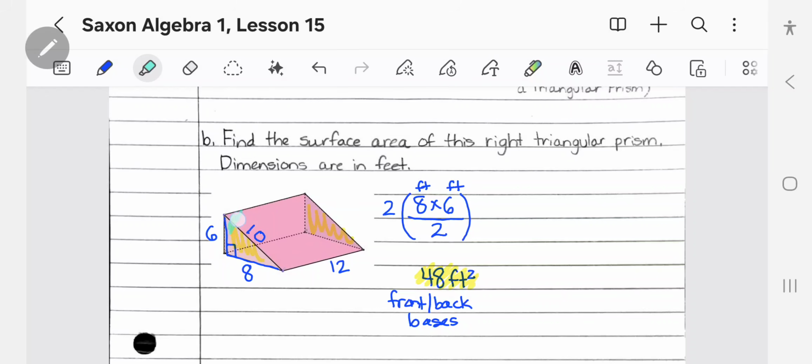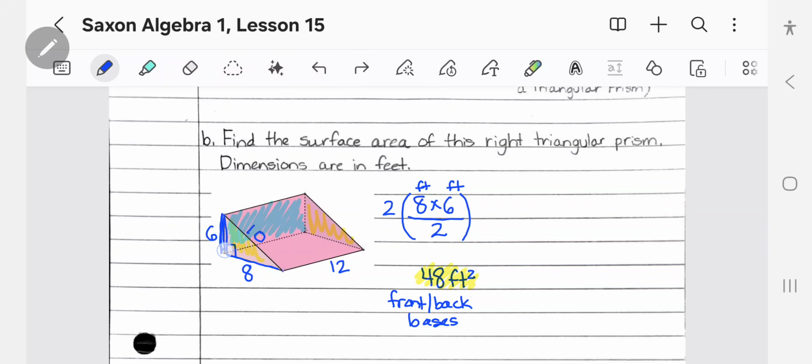Let's do this back side here. We'll call it the left. That has got a rectangle, right? And it is going to be 6 by this back measurement, which would be the same as this. Don't get confused with the 10. The 10 is here. Okay, so we're not talking about the 10 yet.